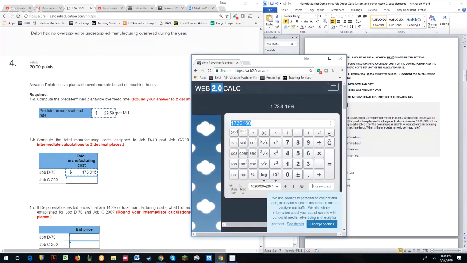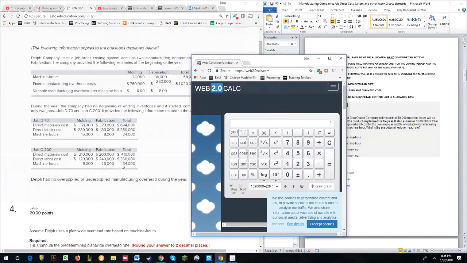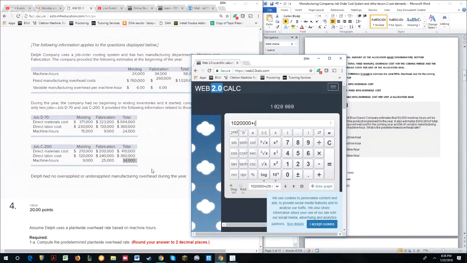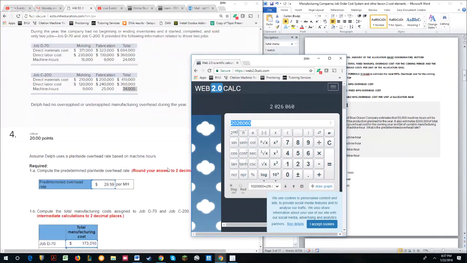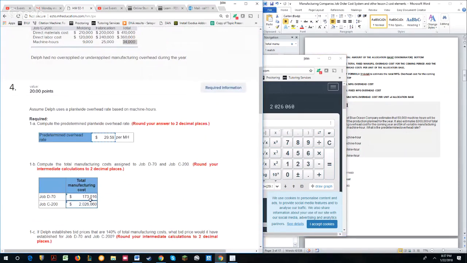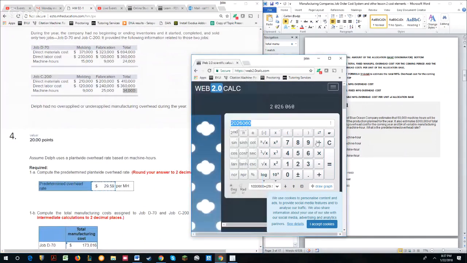So then we would just do that same process, except for the other job now. So if we take 1020 plus 29.59 times 34,000. Okay. Oh, is that right? I typed something wrong.